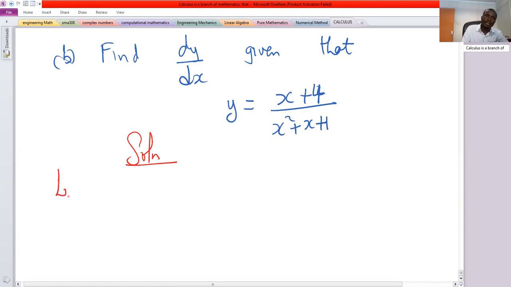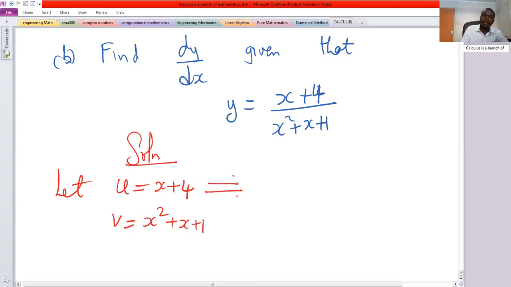So we let the numerator be u, the denominator be v. Which means that u prime is given by 1. Then this means v prime is 2x plus 1.